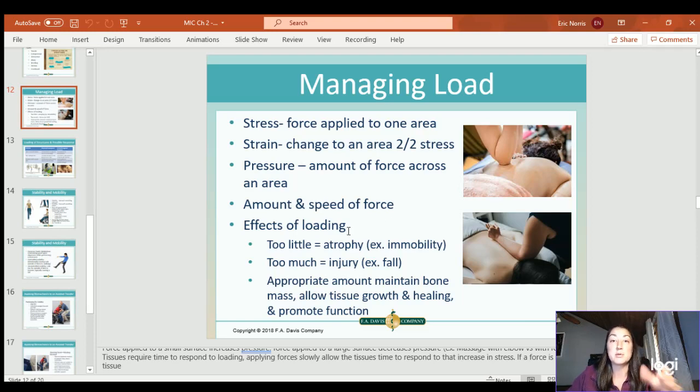Effects of loading. So loading is a good thing. This is how we get stronger. This is how we build muscle. This is what we're doing when we're exercising. We're repetitively loading an area. If you load too little, that causes atrophy.